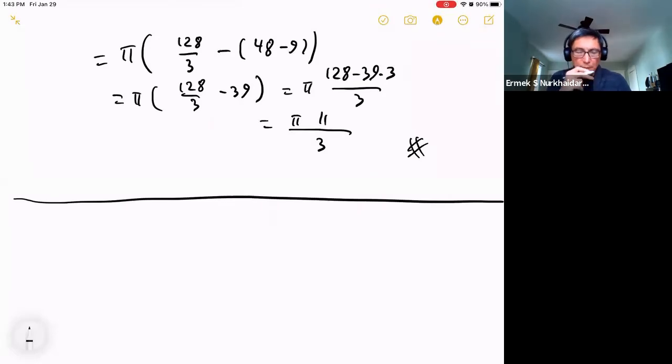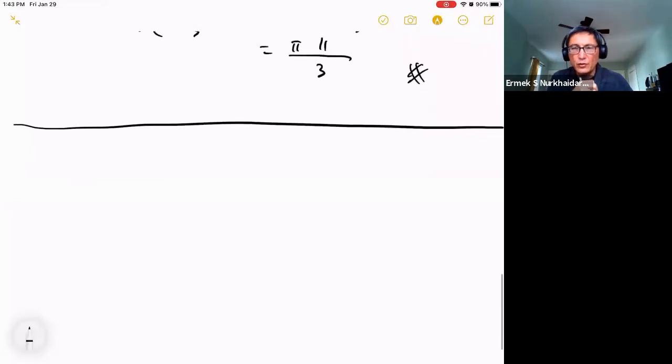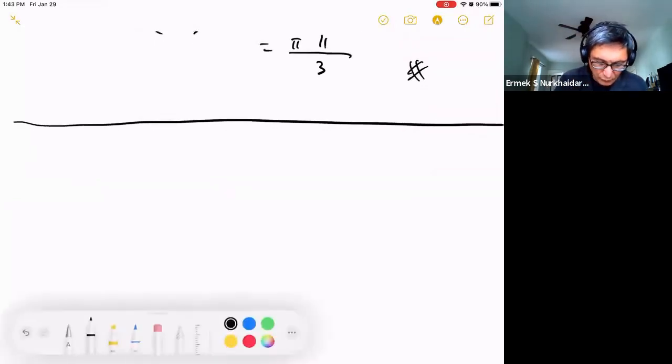Let's do problems where we will be working with objects of revolution, when we rotate a region, and the situation when we might have holes inside. So let's do first without a hole, and then do a problem with a hole.